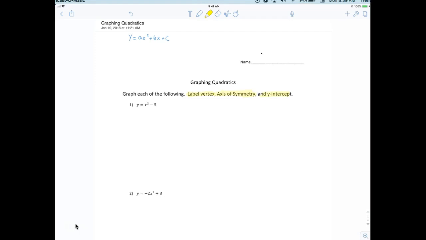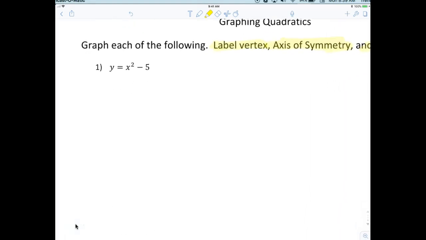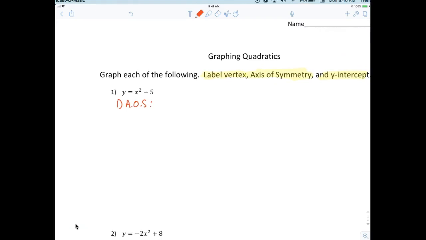So the first thing, number 1, I want to find the axis of symmetry.